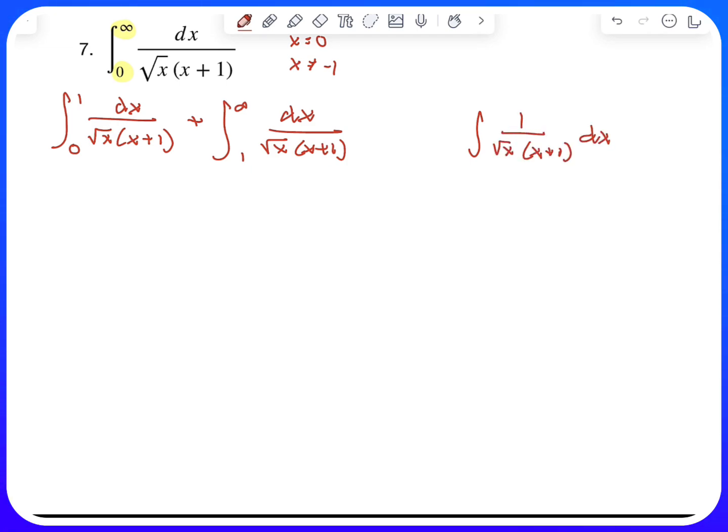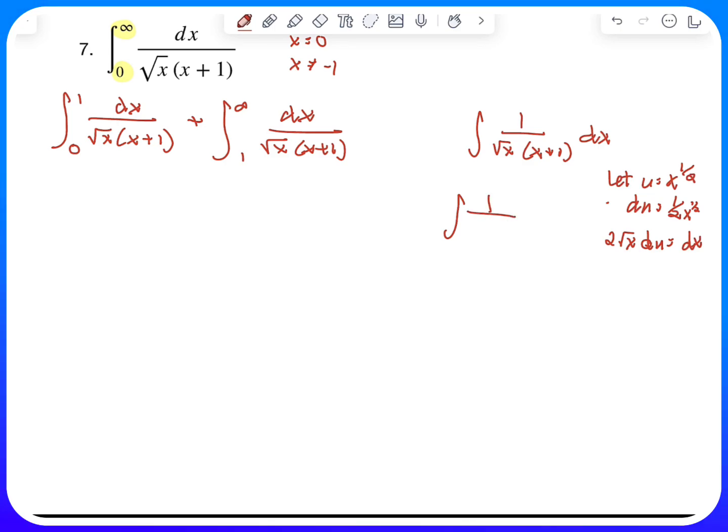And let's figure out what the integral of this would be. Let u equal x to the 1/2. And so the derivative of that would be 1/2 x to the negative 1/2 power, which is 1 over 2 square root of x, times dx.